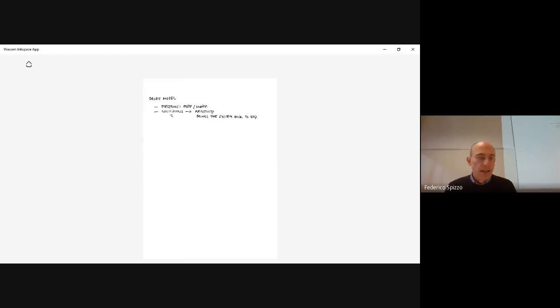So the energy and the velocity of the electrons are described by the Maxwell-Boltzmann distribution. So the average energy per electron is proportional to the temperature.